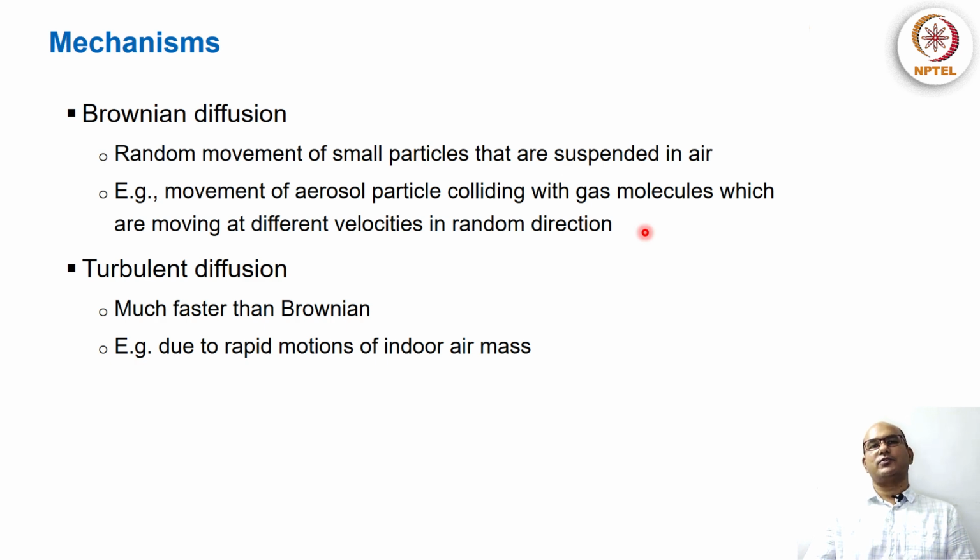So the aerosol particle will gather this kind of random motion through different collisions. Turbulent diffusion is also diffusion, but it is much faster than Brownian diffusion, which was due to collision with gas molecules. Turbulent diffusion is due to rapid motions of the indoor air masses.